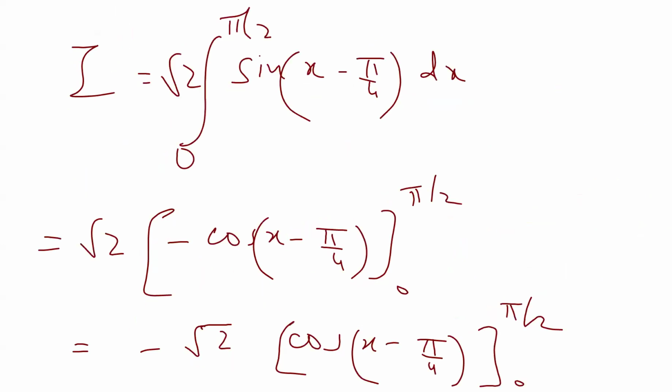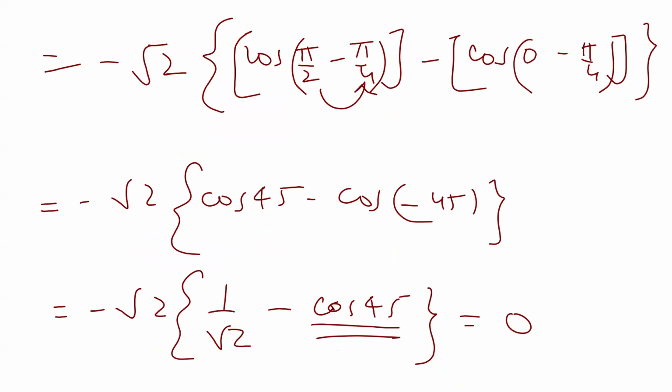Okay, sine became minus cos, minus root 2. Okay, 90 minus 45, minus cos of 0 minus 45.